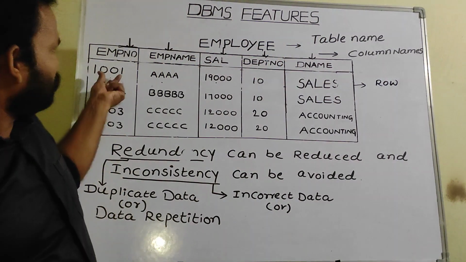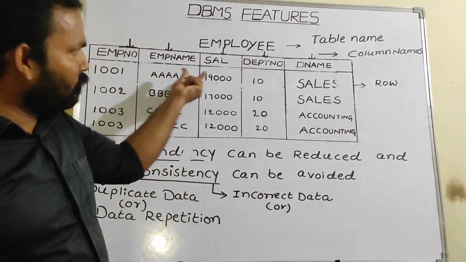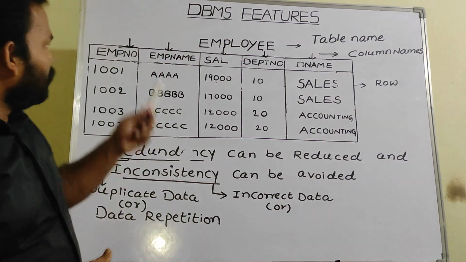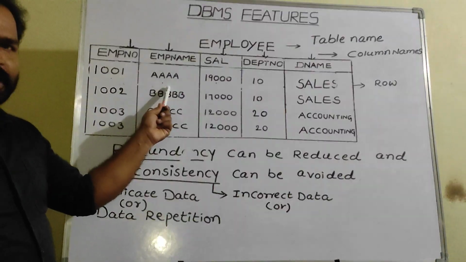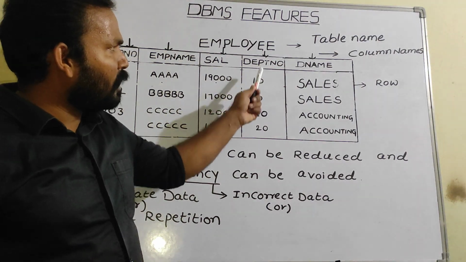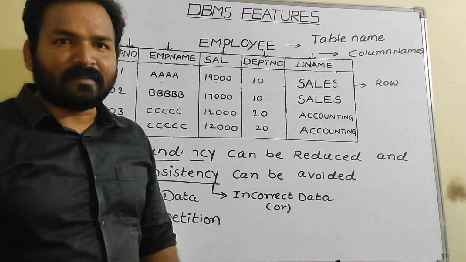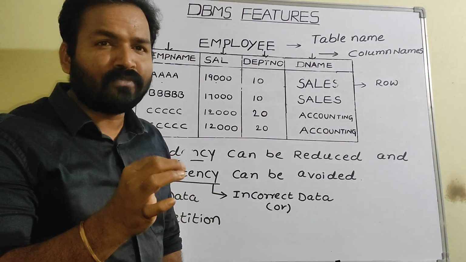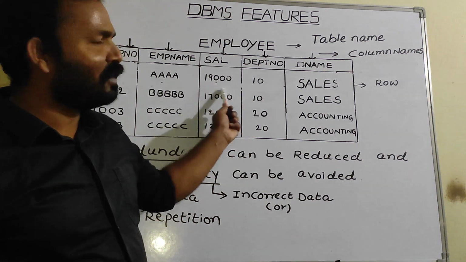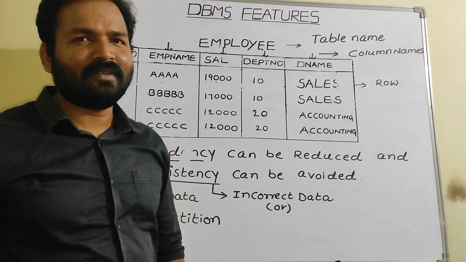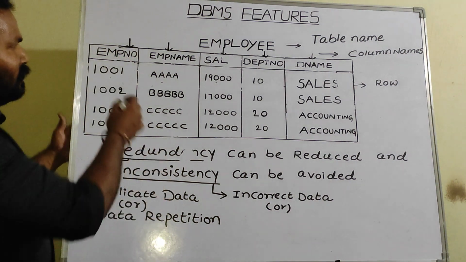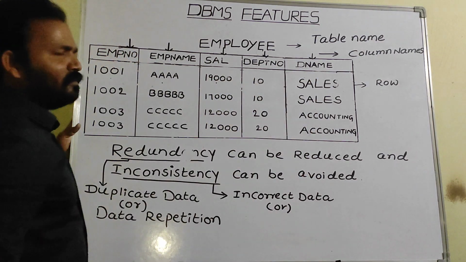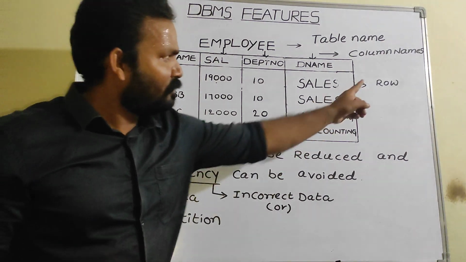For example, employee number 1001, employee name some name, salary 19,000, department number 10, department name sales. These are the data of one row.